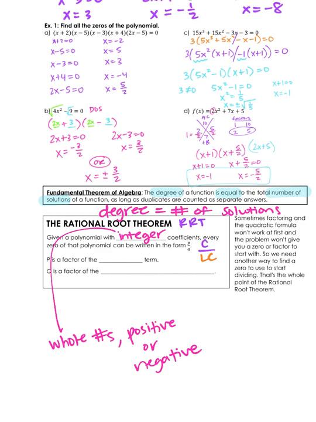P is a factor of the constant term, which is why I use C. Q is a factor of the leading coefficient, which is why I use LC.